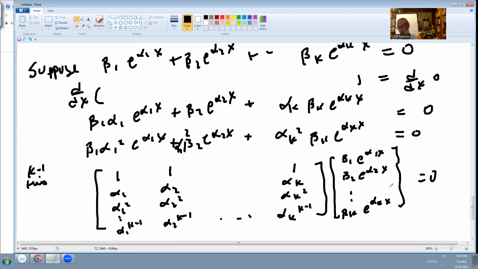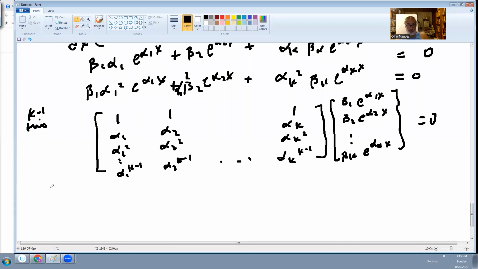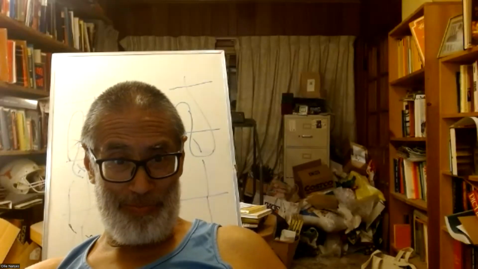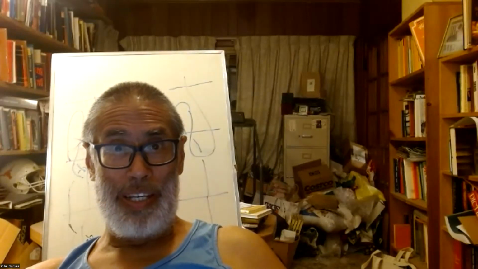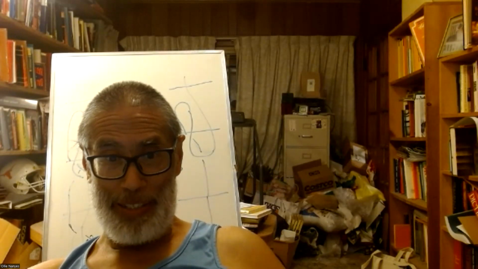Now, this is where we use a linear algebra fact. This matrix here has a special name. Now, what I'm going to do is stop share for a second and go to this, and we'll say what the proper name is.